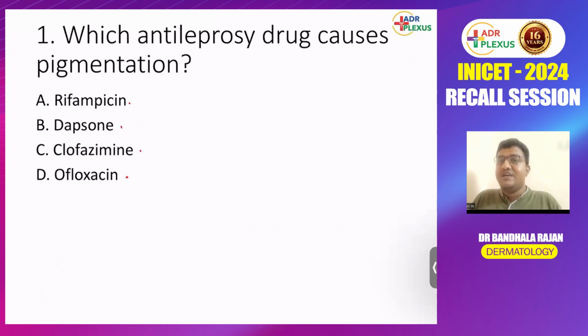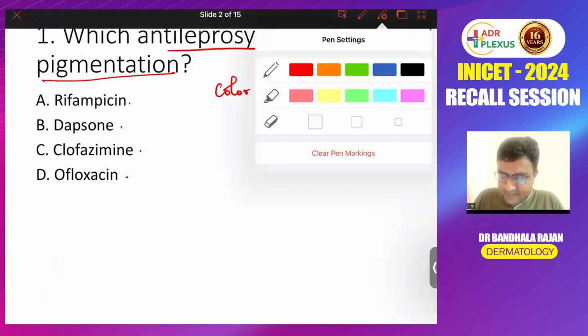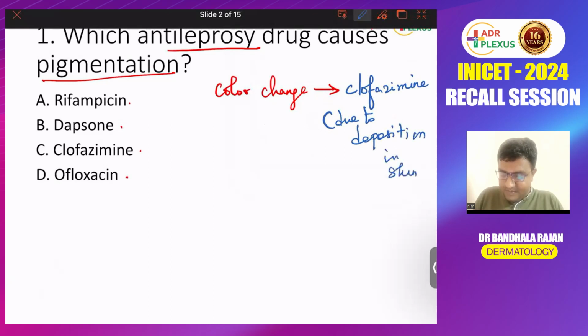In this question, we have discussed many times that when a leprosy drug causes pigmentation, meaning color change, it is caused by clofazimine, due to its deposition in skin. So the answer here is clofazimine.